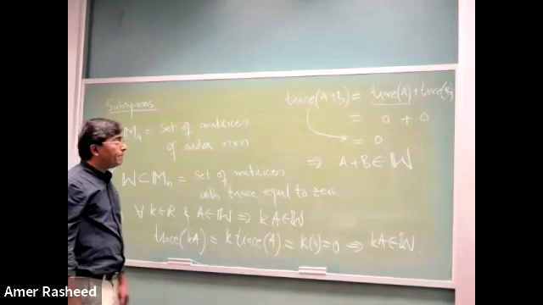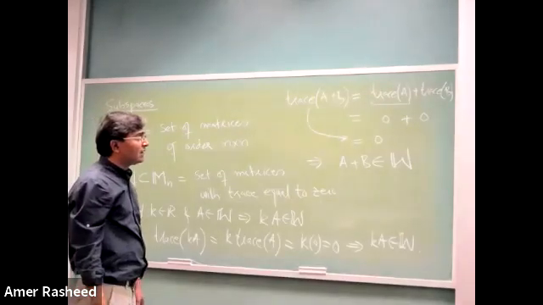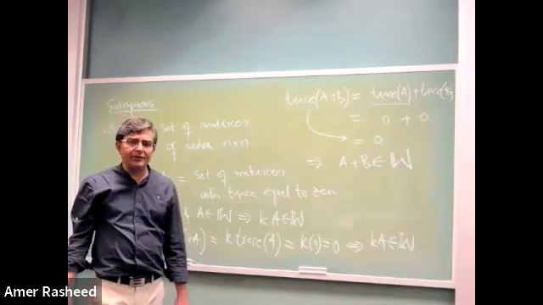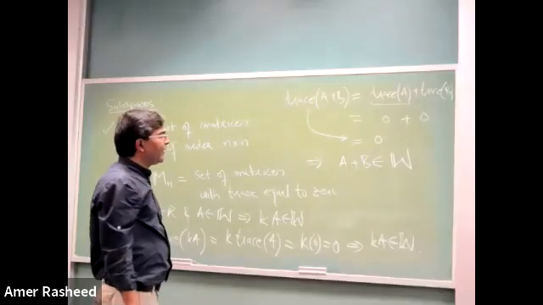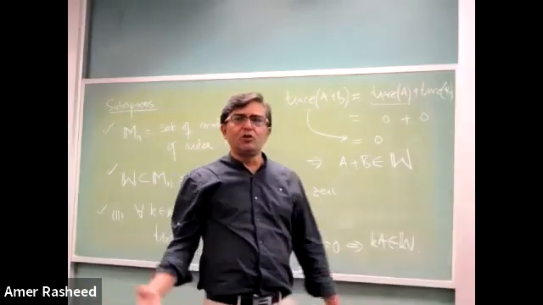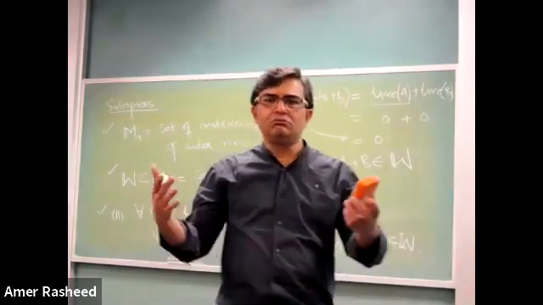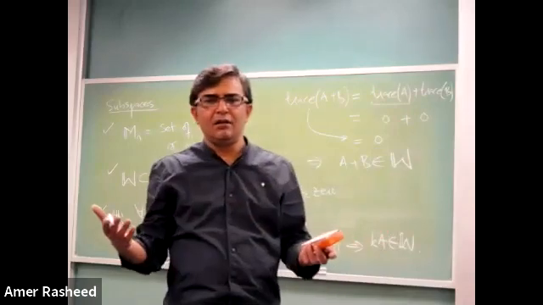Sir, will this have a zero vector? Zero vector, what? Can you repeat your question? Will this example have a zero vector? The zero vector is the zero matrix, the n by n null matrix with all entries 0.